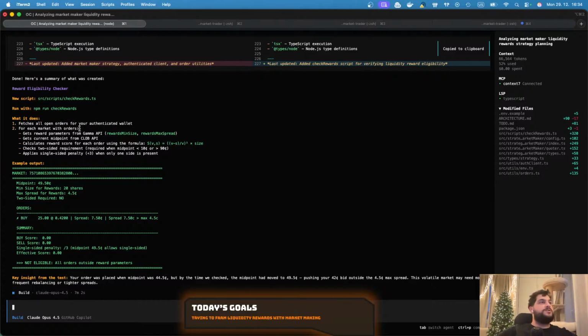For each market with orders, it gets reward parameters from the API, gets the current midpoint, calculates the reward score for each order using the formula, checks the two-sided requirement, and applies a single-sided penalty when only one side is present.